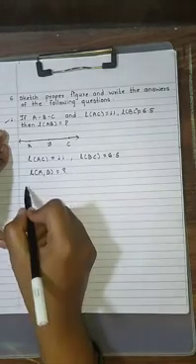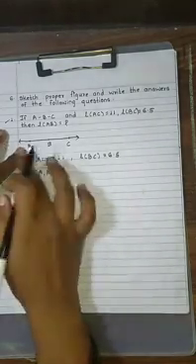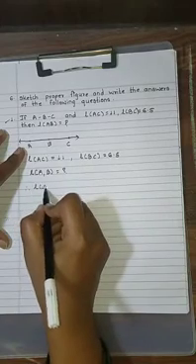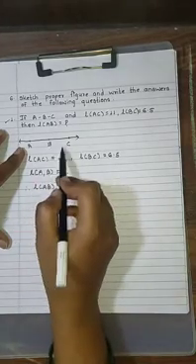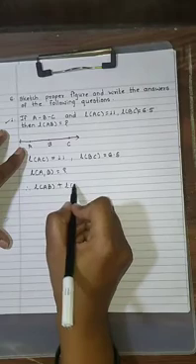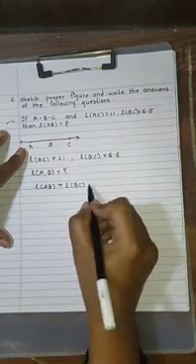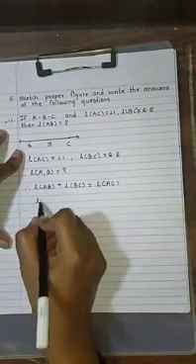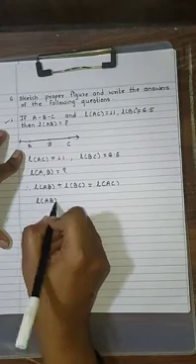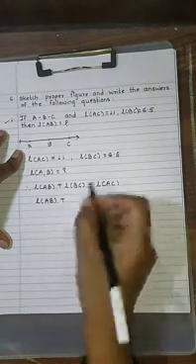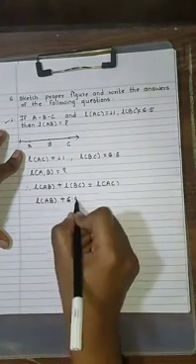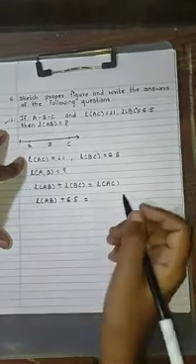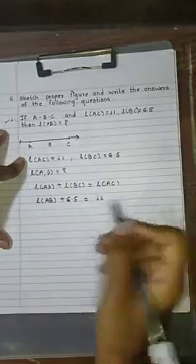Okay. Now, therefore, what will do? Length AB plus length BC is equal to length AC. Now we have to find out length AB plus length BC is 6.5 and length AC is 11.